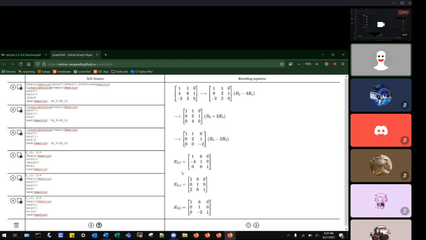You perform this operation first, which means that when you multiply this one by this one by this one in that order, then you multiply this by the original matrix A, you'll get an upper triangular matrix, which is this. So this matrix times this matrix times this matrix times this matrix will give you this upper triangular matrix.